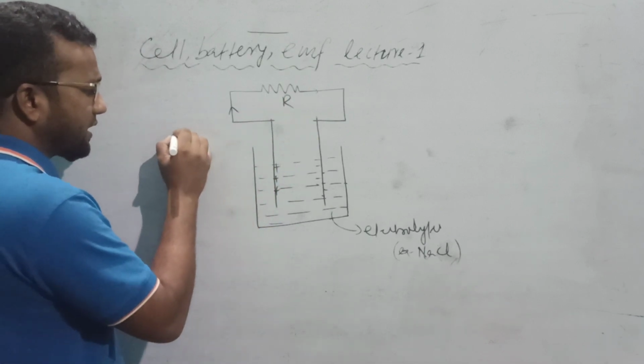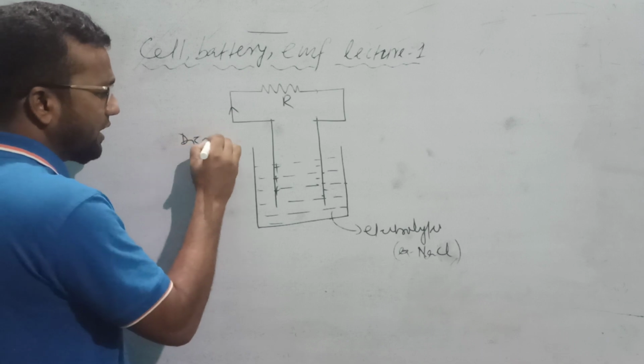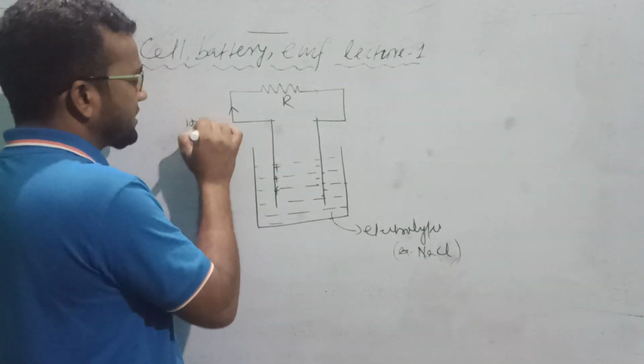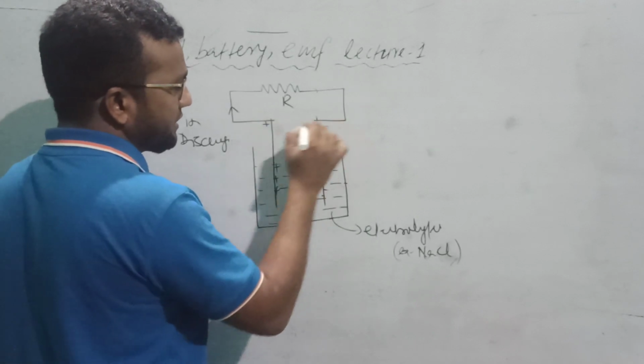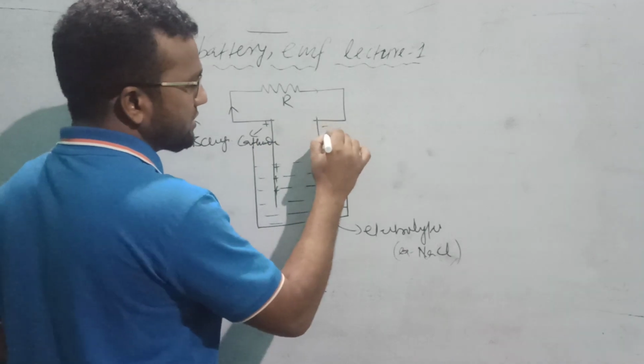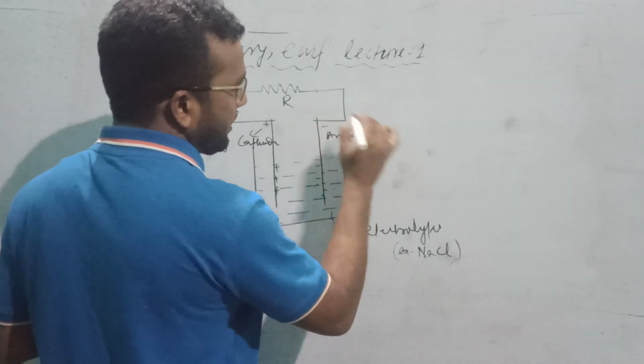In discharging, this positive will be cathode and this negative will be anode.